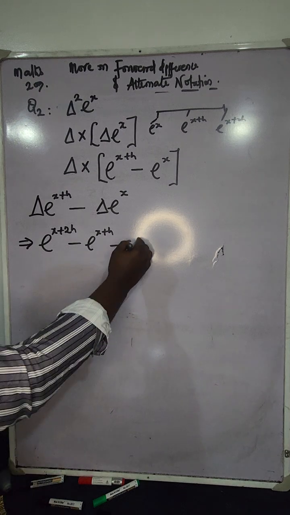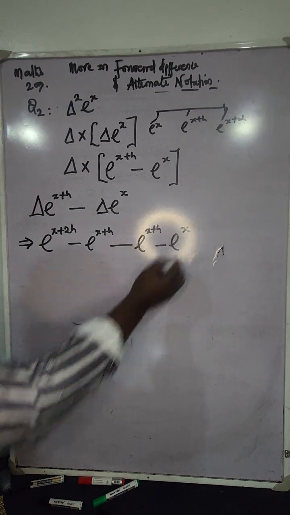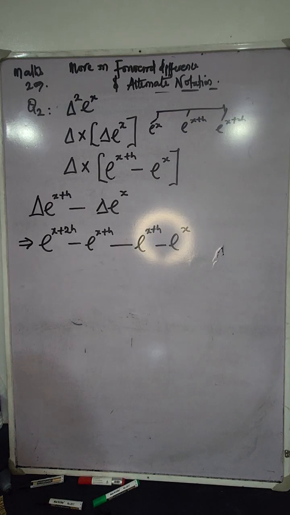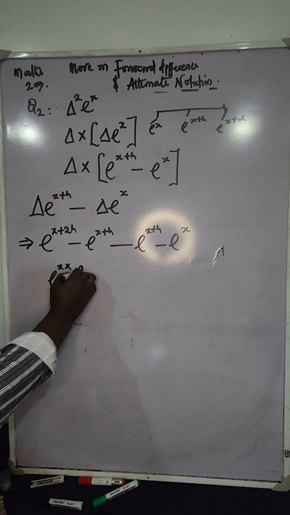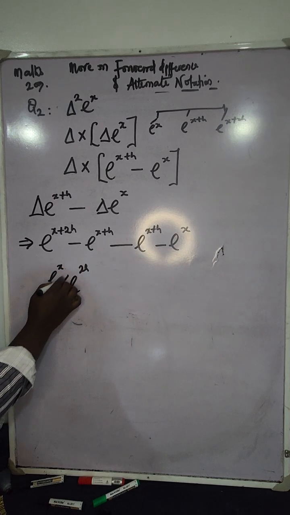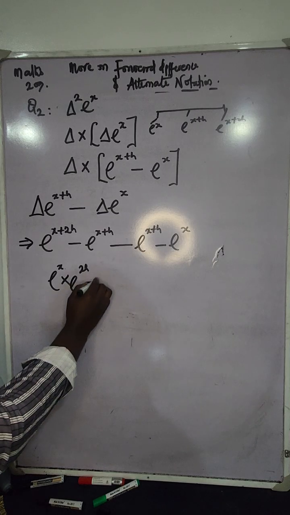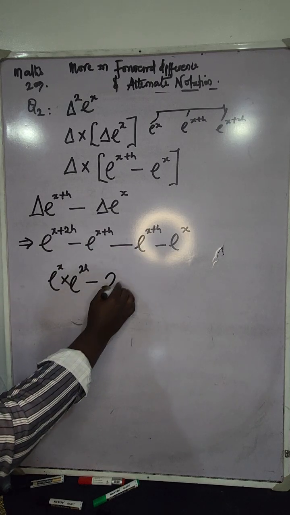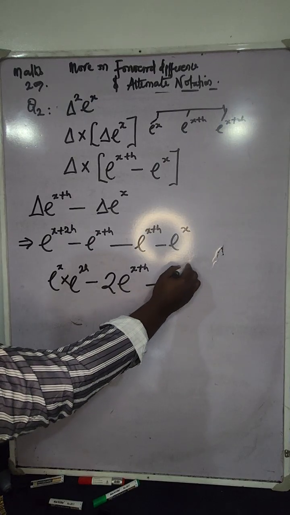This is e to the power of x plus h minus e to the power of x itself, right? So we have e to the power of x multiplied by e to the power of 2h, by the laws of indices, minus 2e to the power of x plus h, minus e to the power of x.